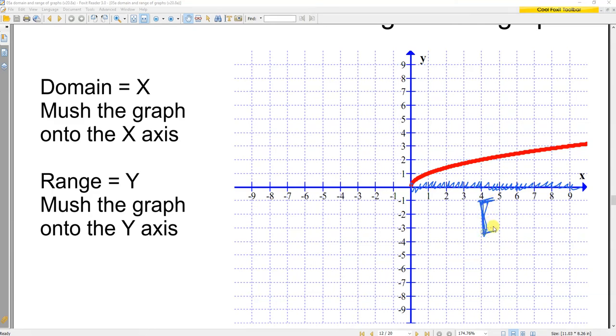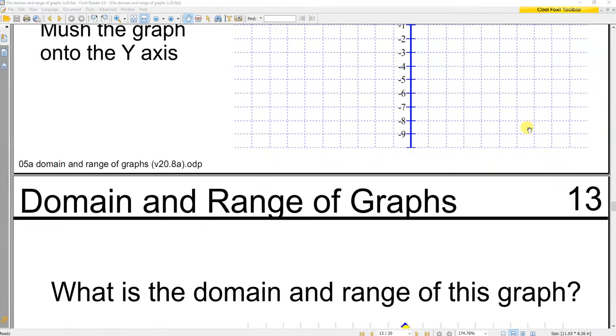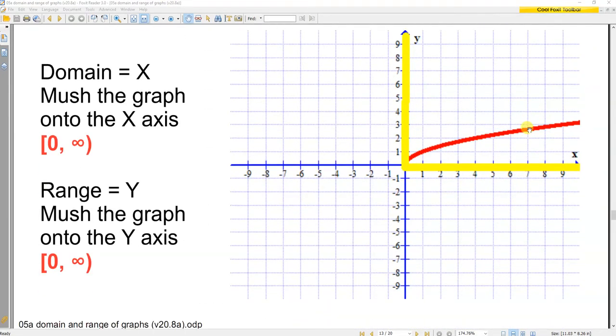It actually touches 0, so 0 to positive infinity. And here, there's my range, which is, once again, solid at 0, 0 to positive infinity.